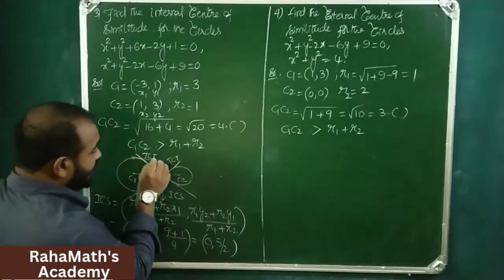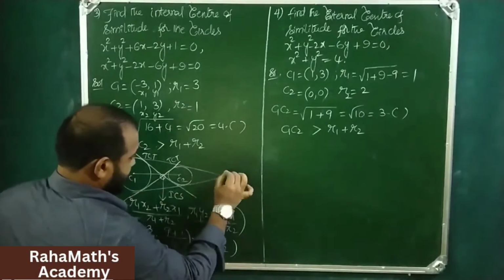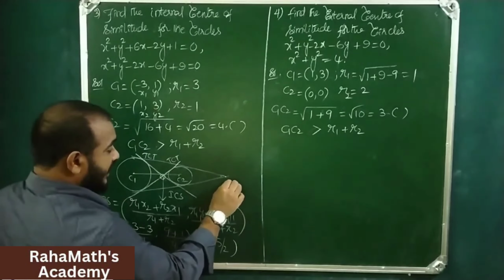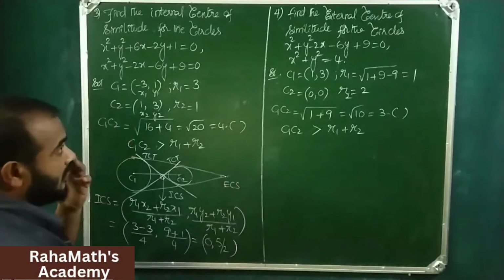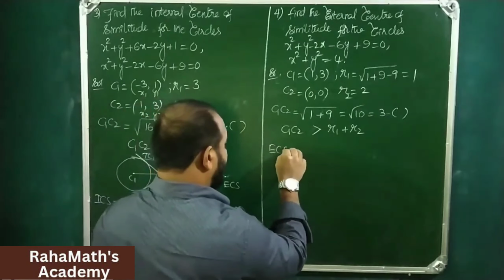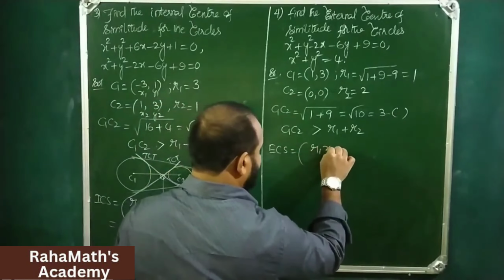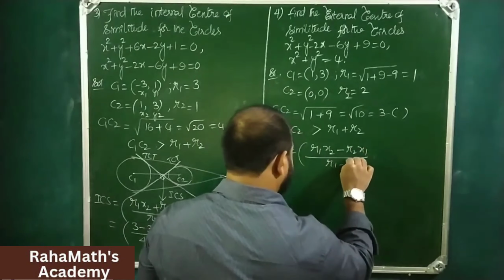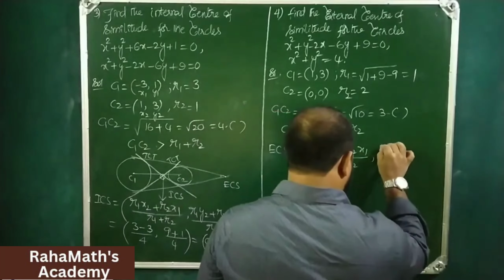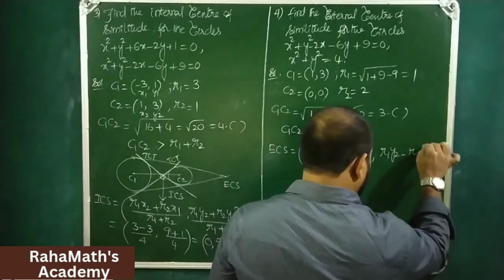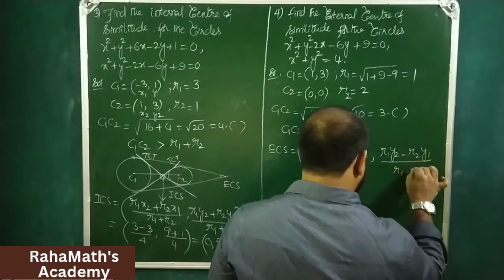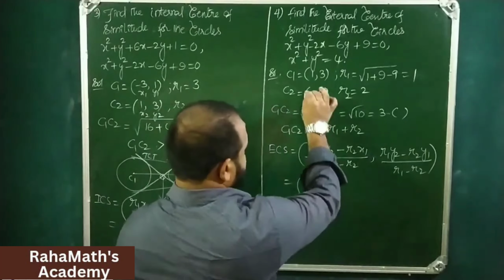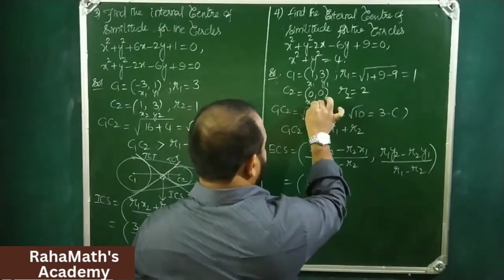And this time what we are looking for is this. These are the two direct common tangents, and this point of contact is called the external center of similitude. Therefore, external center of similitude is (R1 x2 minus R2 x1) by (R1 minus R2), comma (R1 y2 minus R2 y1) by (R1 minus R2). This is x1 y1, this is x2 y2.